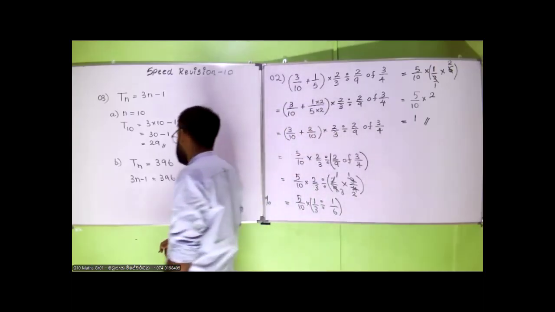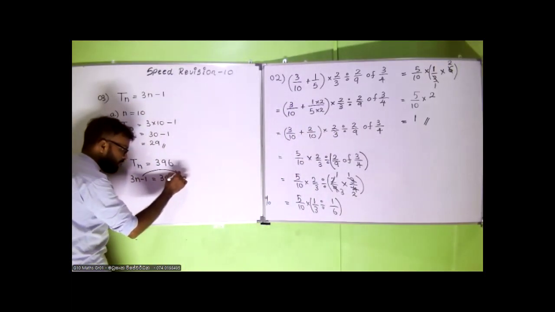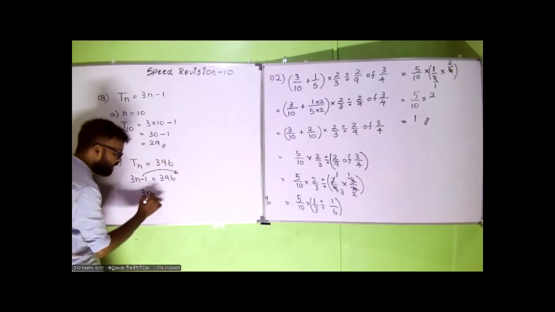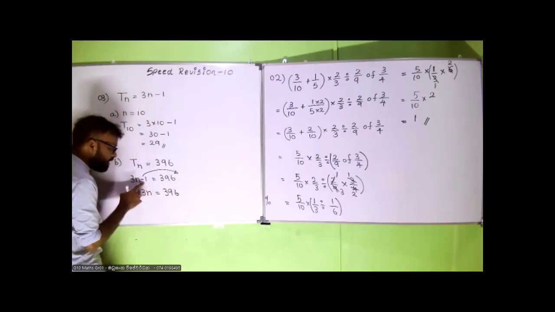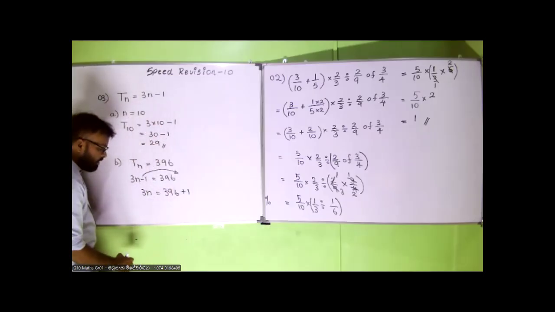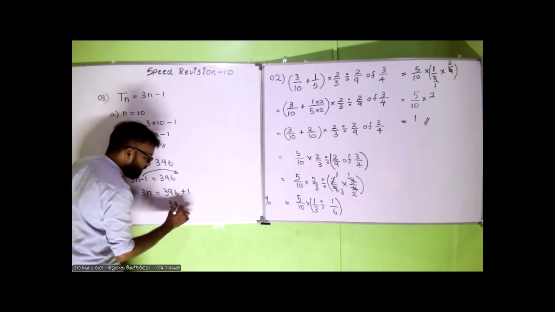Alright, so let's do it. Here you have minus 1. You know what is to be done, right? This minus 1 can be taken to your right hand side directly. When it goes to the other side, it becomes plus 1, right? 396 plus 1 means 397.